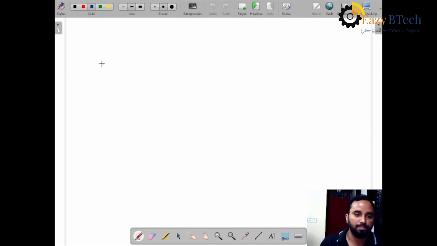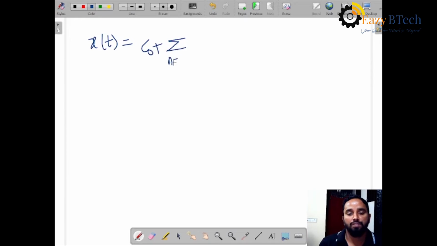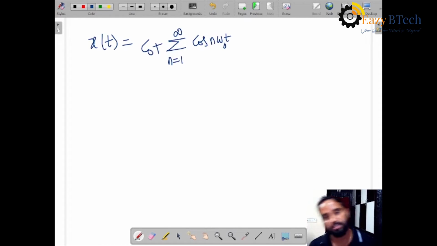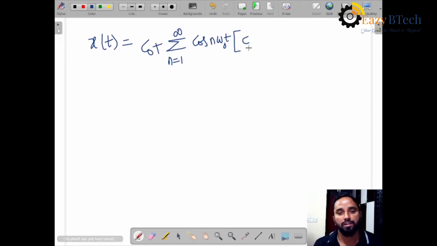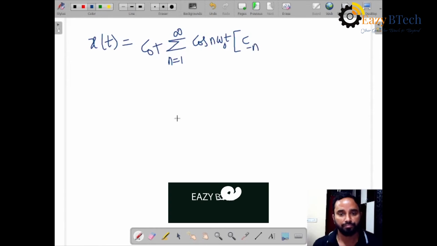So in the next step, x of t is equal to c naught plus summation 1 to infinity, cos n omega naught t is common. Just before going to this step, I will take once again the previous step.